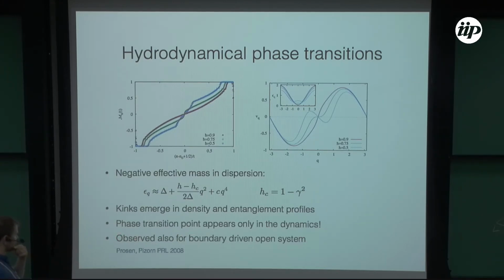There is an interesting analogy, because this critical value was found by Tomáš Prosen and István Pižorn in 2008 for boundary-driven open systems. So for closed time evolution, I'm not aware of any results where this particular h parameter would play any kind of role, but this was found in boundary-driven open systems, but there the mechanism is different because there you see a transition in the steady state, okay?